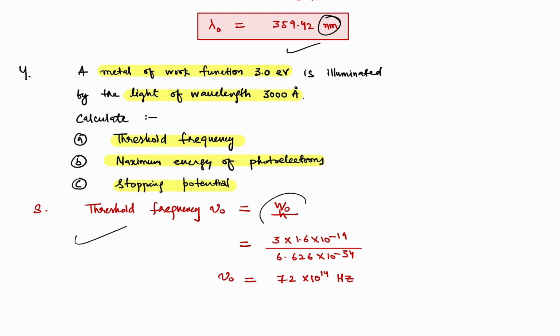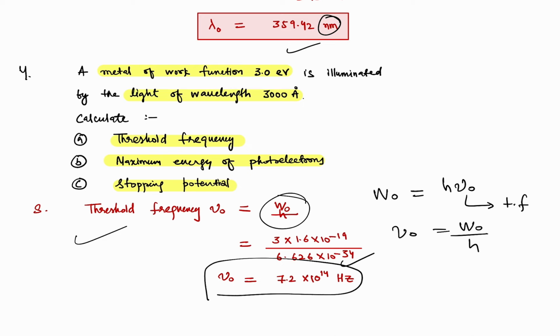So threshold frequency will come from the work function formula. Work function is actually h nu, and this nu is threshold frequency. So nu is simply work function divided by h. We did it, and we got threshold frequency to be 7.2 multiplied by 10 to the power 14 hertz.